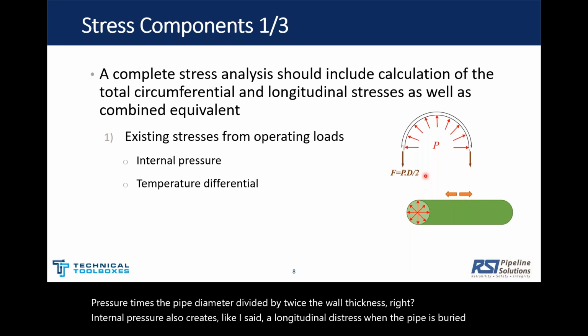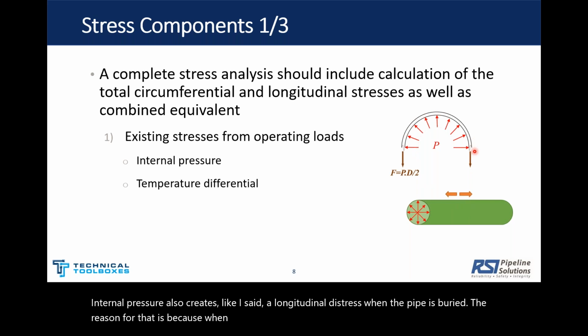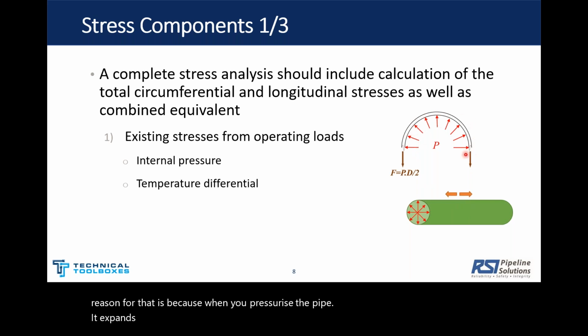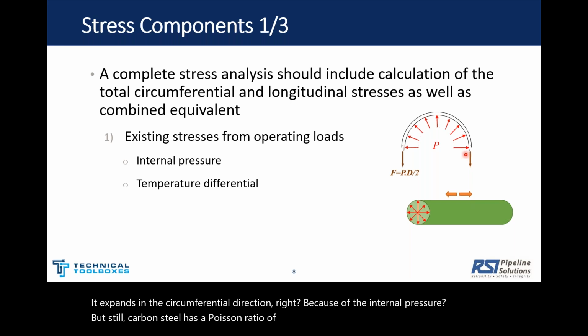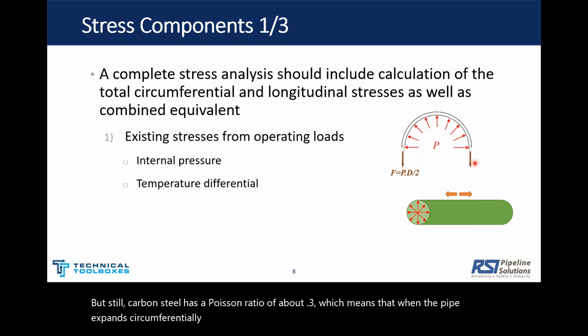The reason for that is because when you pressurize the pipe, it expands in the circumferential direction, right? Because of the internal pressure. But carbon steel has a Poisson ratio of about 0.3, which means that when the pipe expands circumferentially, it wants to shrink in the longitudinal direction because of the Poisson ratio effect.